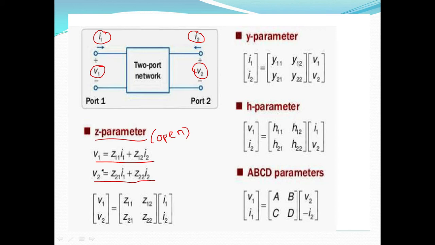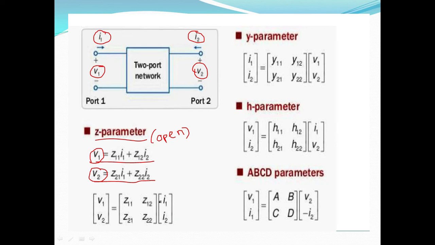According to these two linear equations, we find the value of V1 as well as V2. How to write V1 and V2? They equal the matrix of Z11, Z12, Z21 and Z22, and the independent parameters are I1 and I2.